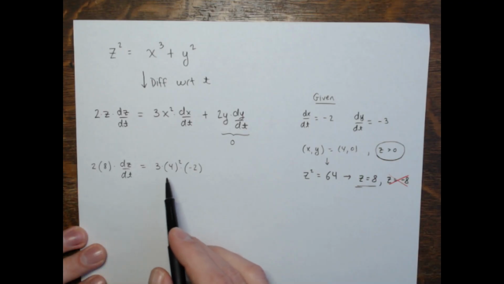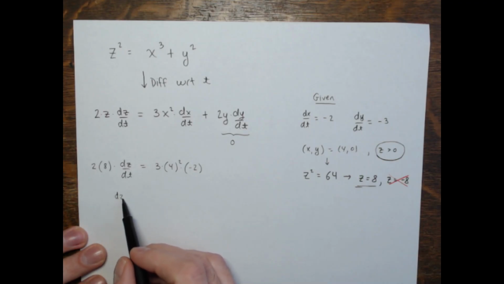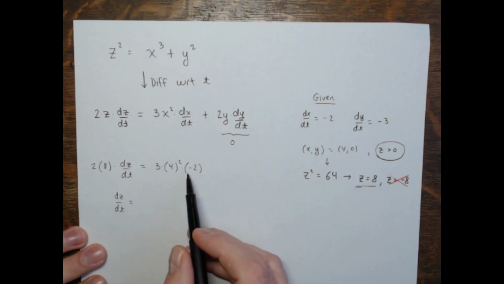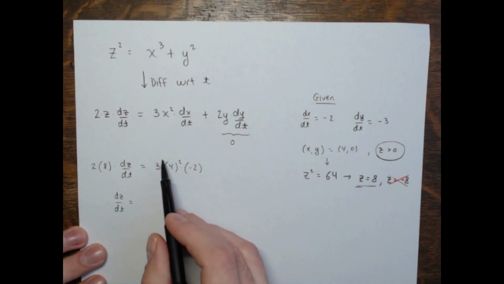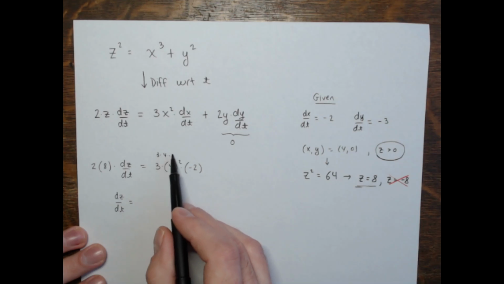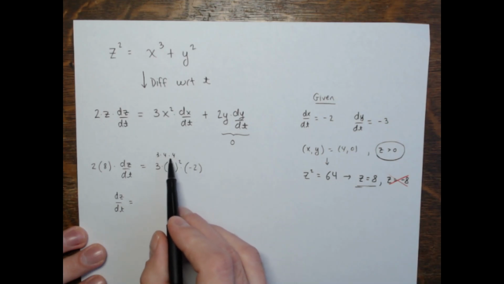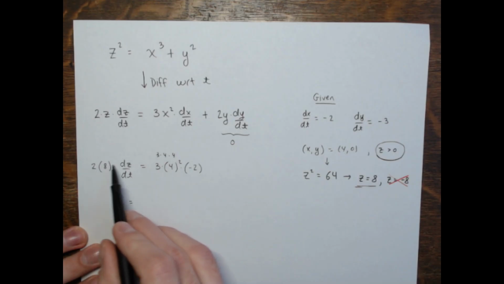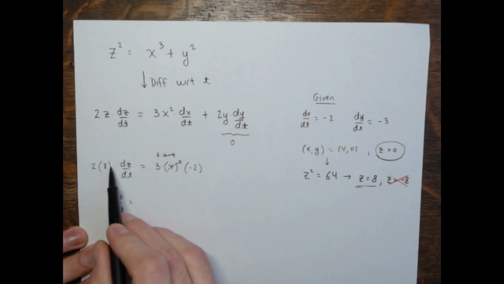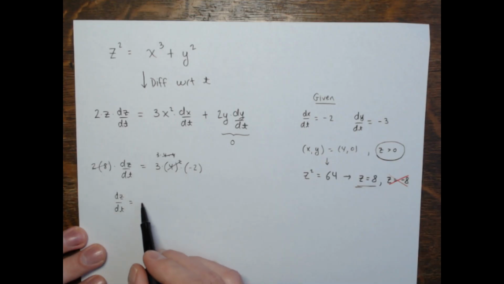And then I would divide both sides by 2 times 8, right? So dz/dt, the rate at which z is changing. You'd have 3 times 4 squared. Well, 4 squared is 16, 2 times 8 is 16, so those will be gone. You got 3 times -2, -6 would be left over.